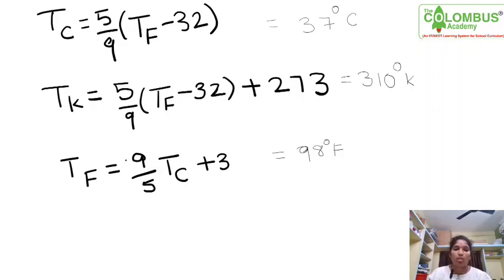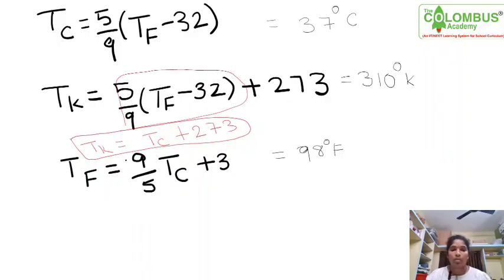Here you can write this entire term as Tc plus 273. This is another relation, easy to remember.